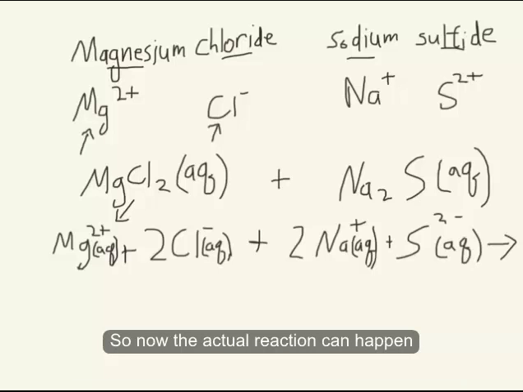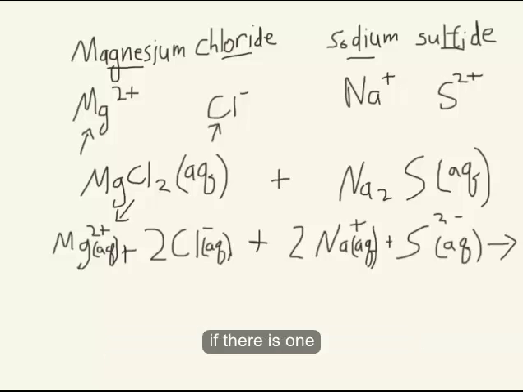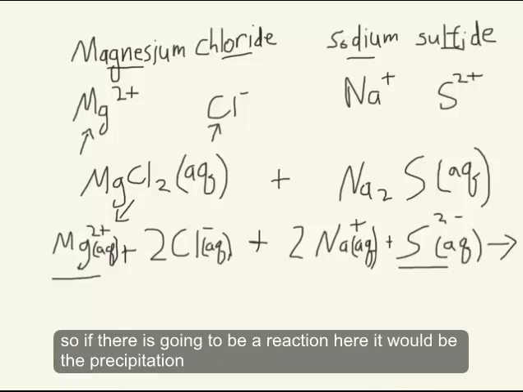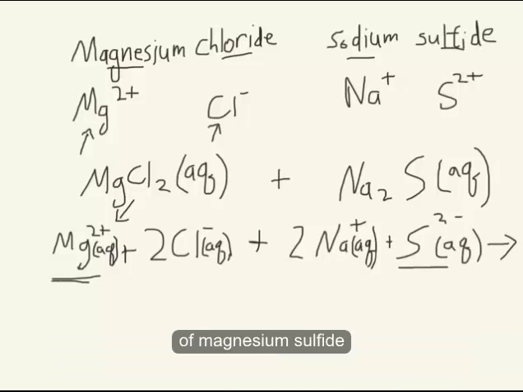So now the actual reaction can happen, if there is one. What we have to look at is the possibility of the cation from one compound combining with the anion from another compound. If there is going to be a reaction here, it would be the precipitation of magnesium sulfide. So we have to figure out if magnesium sulfide is soluble.